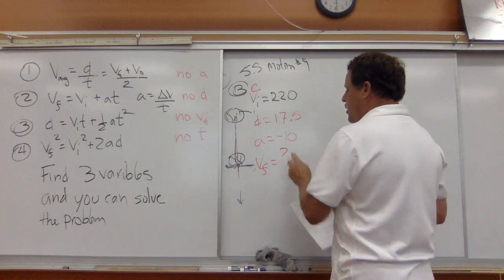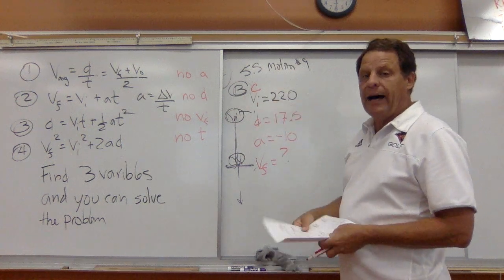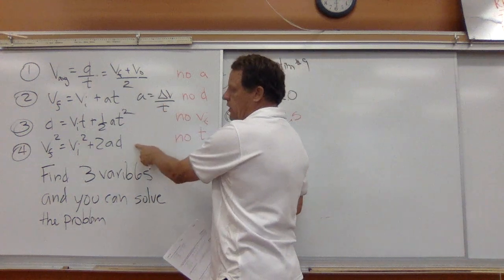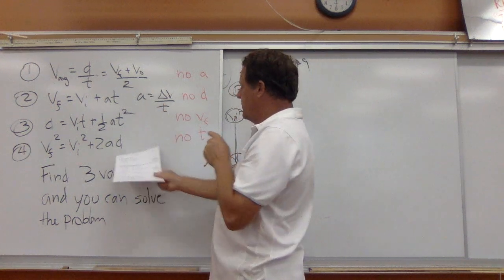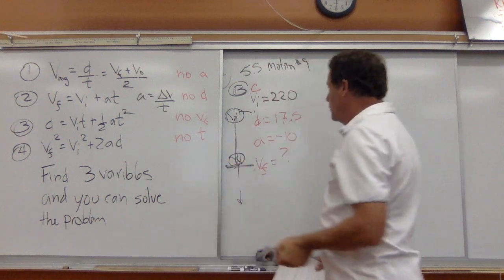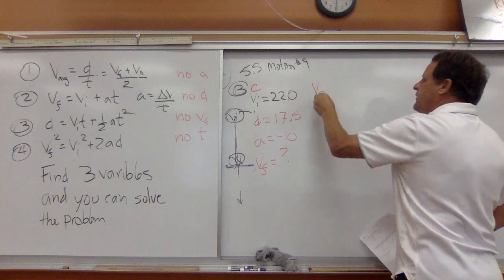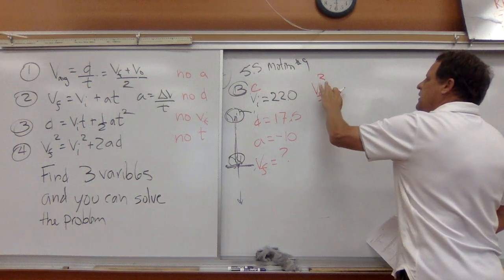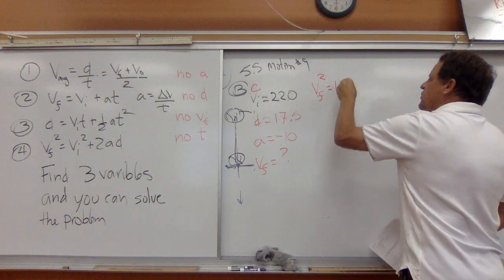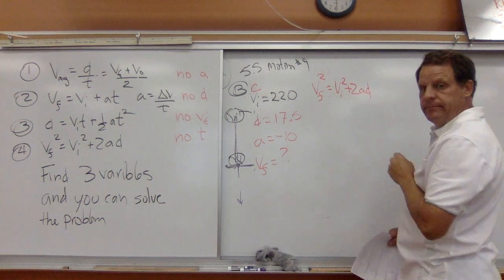Notice here that in 3C, we do not know the time. So if we go back to these equations, equation number 4 is the equation for when you don't have time. So we're going to use equation number 4: v final squared is equal to v initial squared plus 2ad.